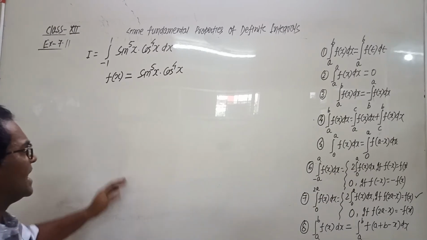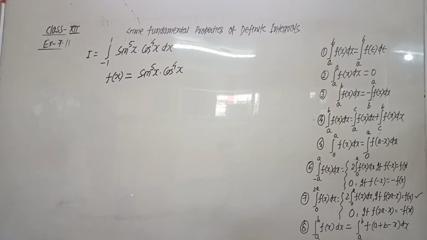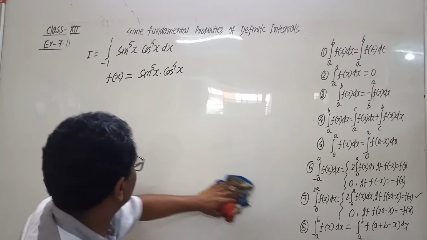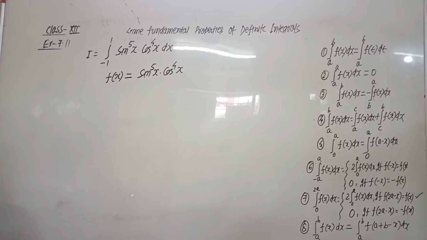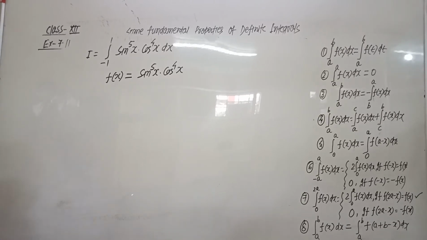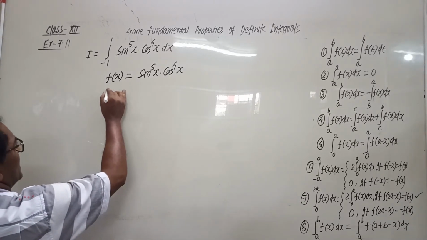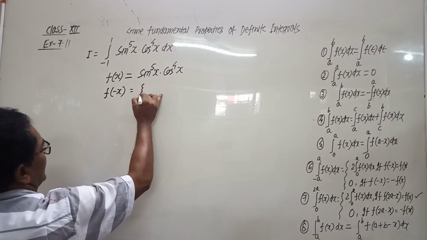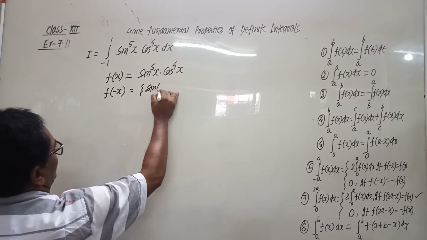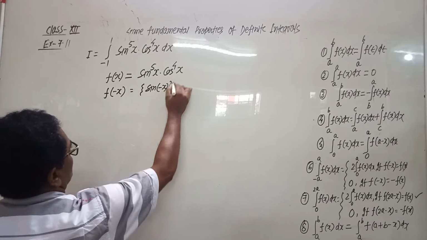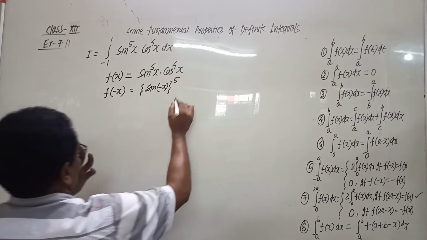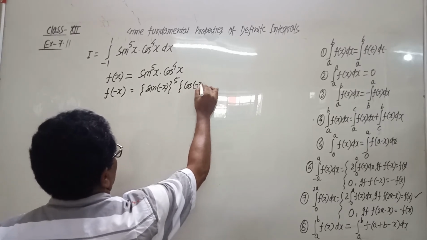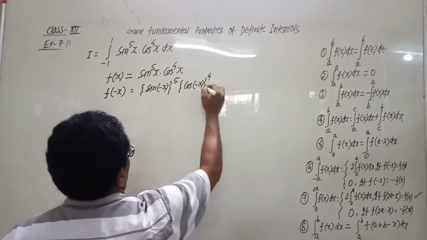So again we will have to determine whether the function is odd or even. For determining this, we put x equals to minus x. So f of minus x can be written as sin of minus x raised to the power 5 into cos of minus x raised to the power 4.